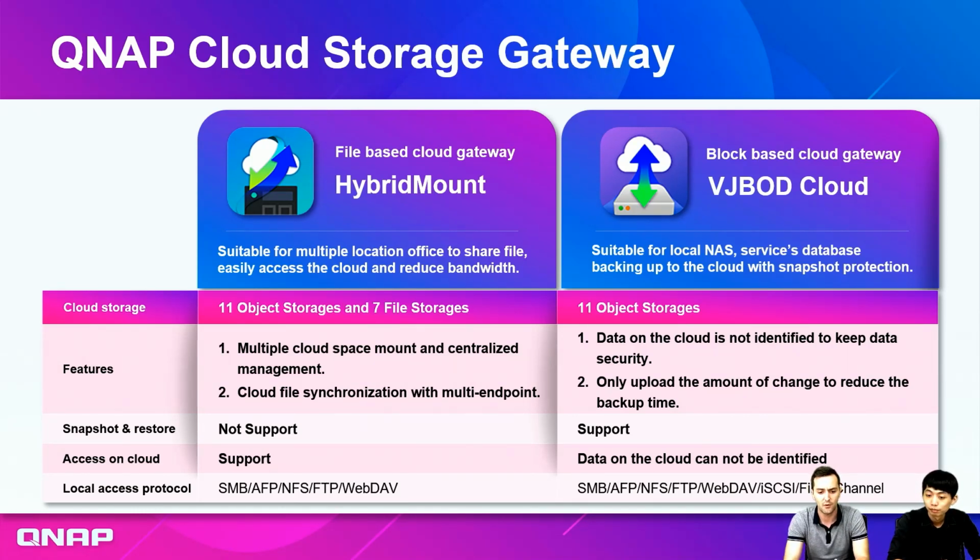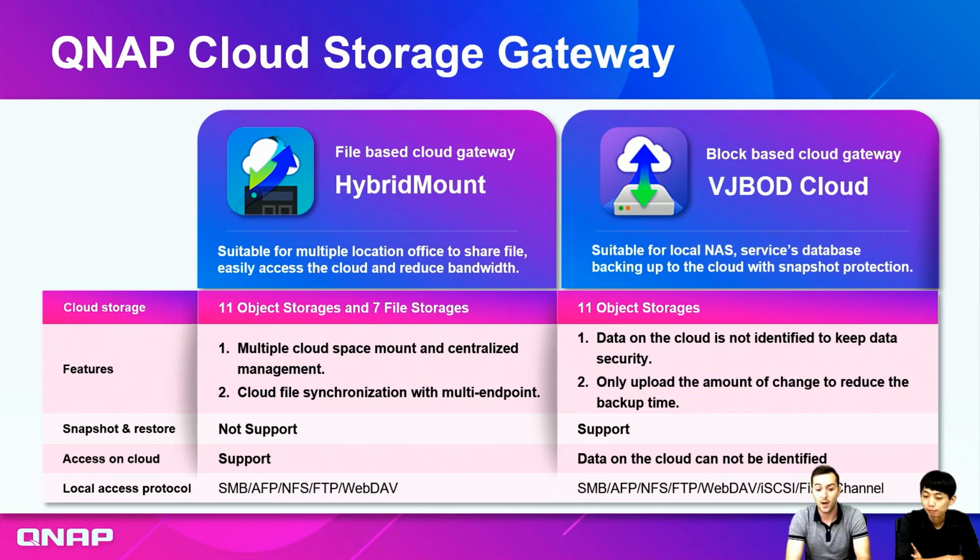Both of these support object storage, but HybridMount also supports 7 file storage cloud service providers, and the number of cloud service providers is increasing. And if I'm not wrong, this might increase, right? Yes, by the time.